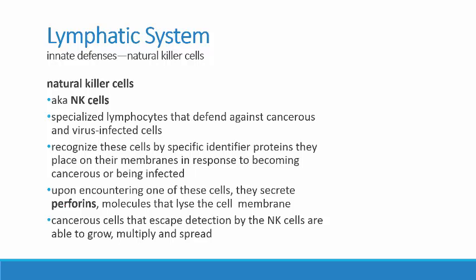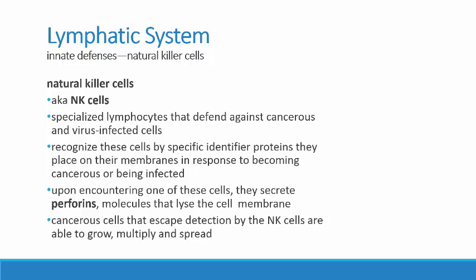When an NK cell encounters one of these defective cells, they will secrete, again, enzymes called perforins, which are molecules that can poke holes in the cell membrane and lyse the cell, break the cell up. And it's only the cancerous cells that escape detection by NK cells that are able to grow and multiply and even metastasize, or spread from one location to another.